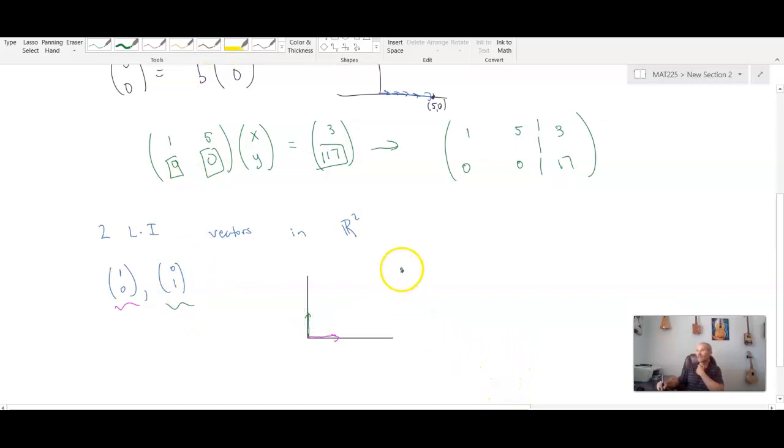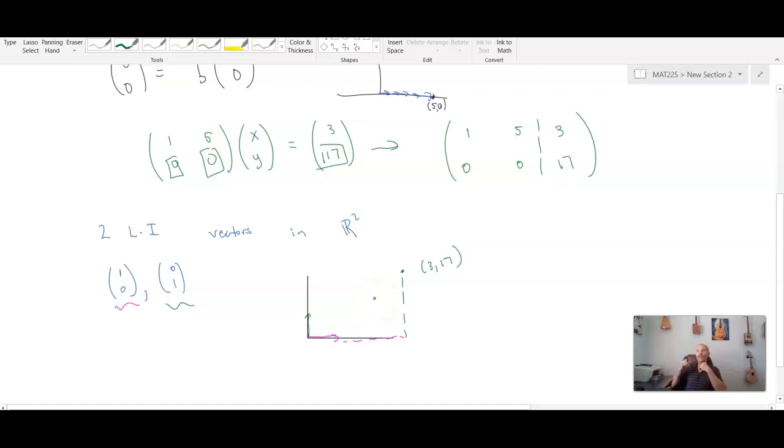And so clearly if I want to make it here, then I just take my pink vector out far enough this way and my green vector far enough up to make it to that point. So if I want to generate any other vector, like (3, 17), then I'm just going to scale the (1, 0) vector by 3, and I'm going to scale the (0, 1) vector by 17, and then add them together.